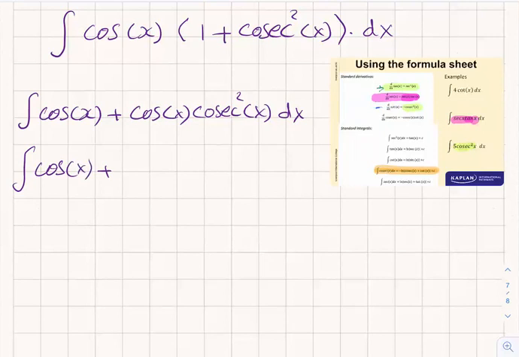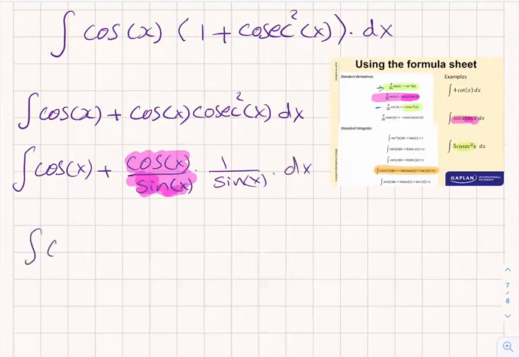You can write it like cosine x, and the cosecant squared means 1 over sine squared, sine x and sine x. Sine squared is sine multiplied by sine. So if we look at this pink one, cosine over sine is cot.